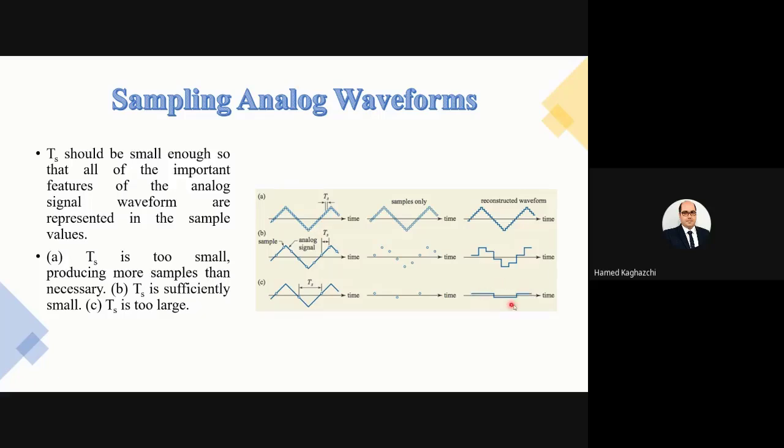Now here we will lose information because we know that the original signal is this, but at the end I have this signal. It means that this signal is not this signal. If I take Ts too large, I will lose information.